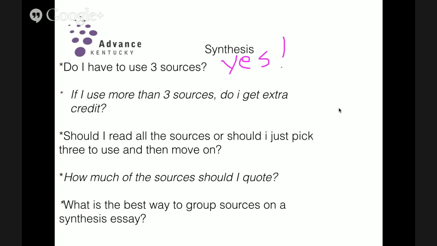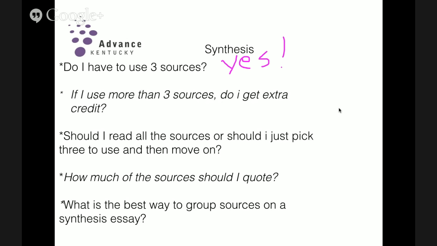Last year, I read the synthesis question, and in the course of that week, I read one of the best essays I'd read all week. It should have been a 9. It should have been an example of a 9. I read it a couple of times, and I realized that the student had only cited 2 sources.